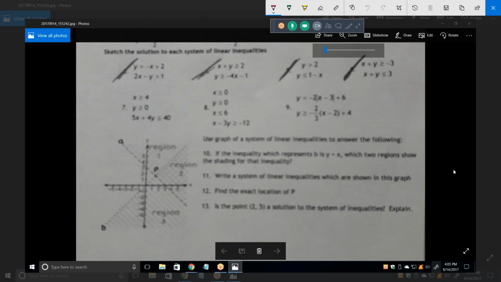Well, let's graph that on number 7. How do I graph x is greater than or equal to 4?